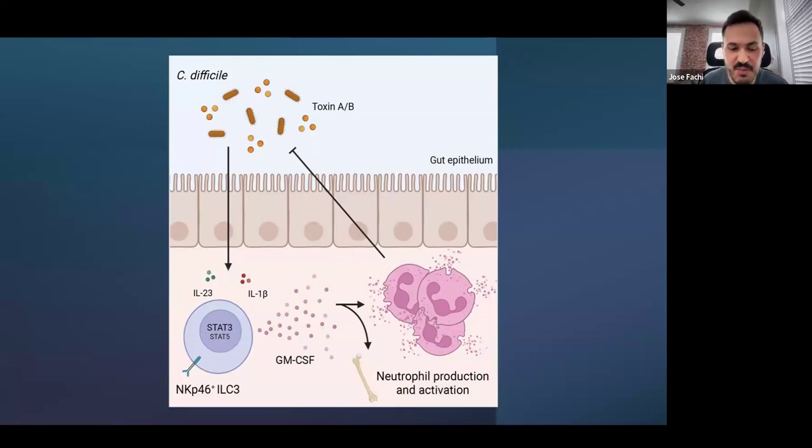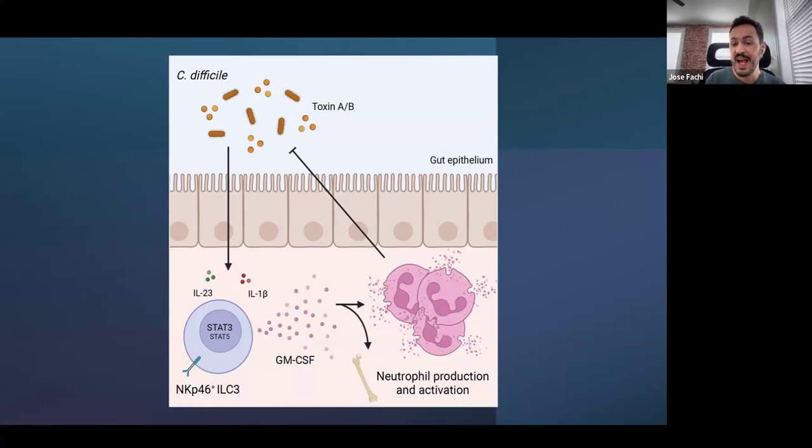Of course, I'm not saying the main because we still have ILC1s, but among the ILC3s, NKp46 positive ILC3s are the main subset that responds to C. diff infection in the early phase and releases GM-CSF.